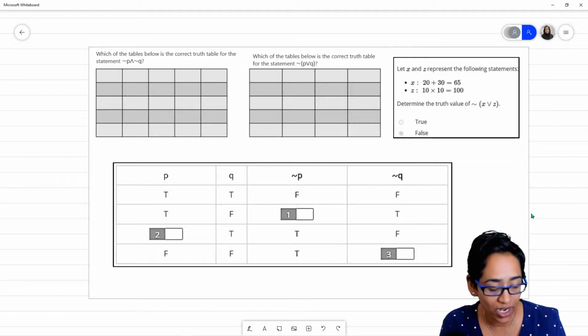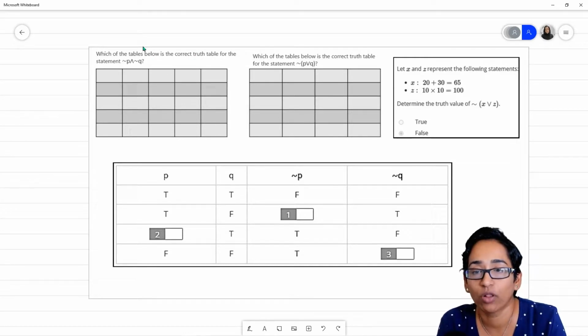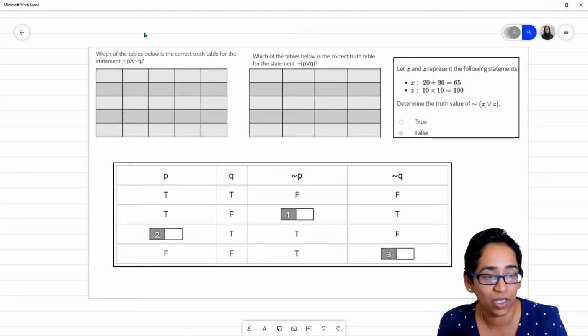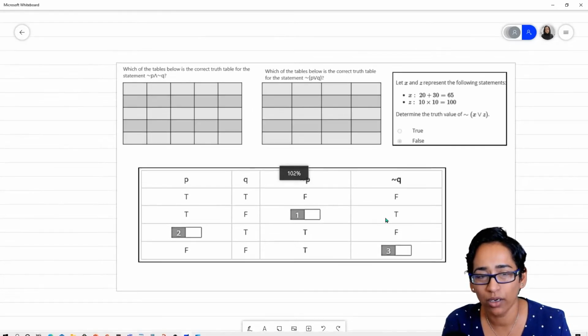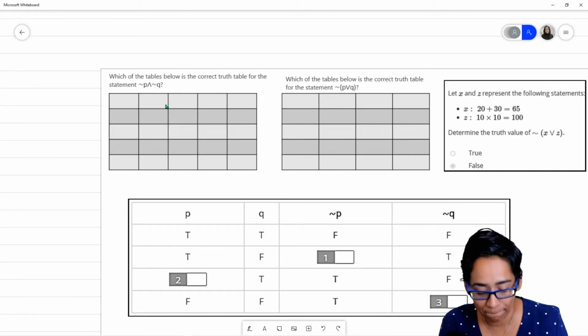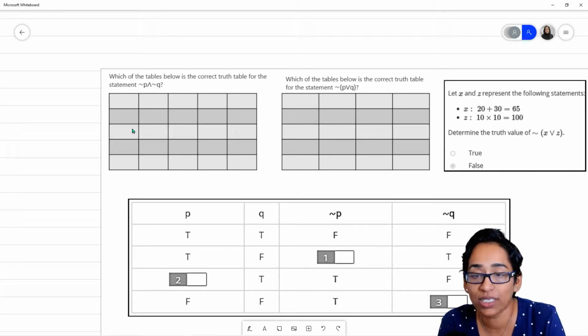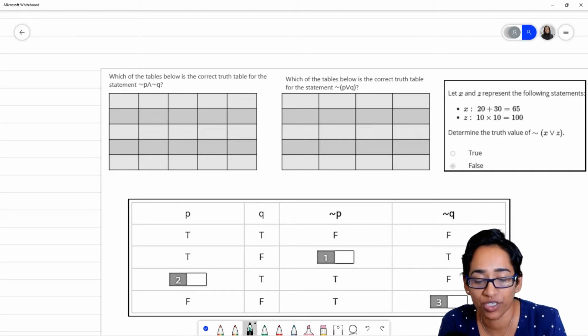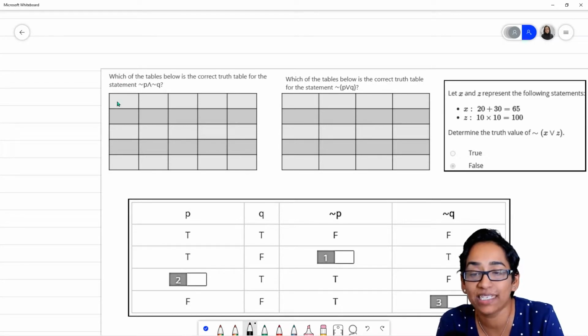All right, so here I have: which of the tables below is the correct truth value for negation P, negation Q. So this is, I think, problem 1, or problem 2. I'm not really sure. But the way to do it is you will start with the truth table. I want you all to pay complete attention here.